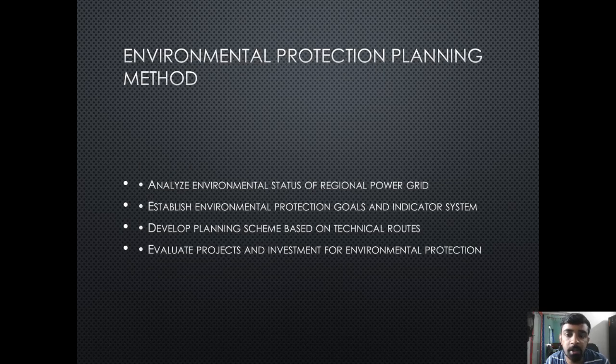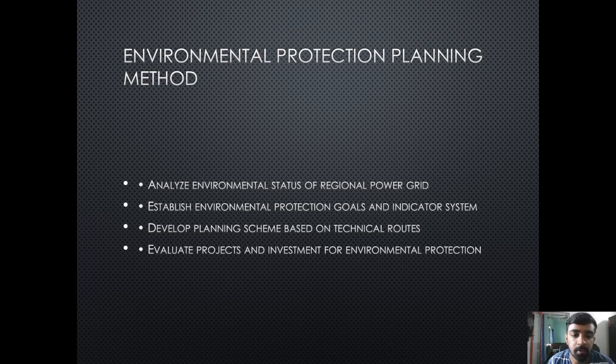The environmental protection planning method. The different methods for environmental protection are to analyze the environmental status of the regional power grid, establish environmental protection goals and indicator system, and develop planning scheme based on the technical routes, evaluate projects and invest for environmental protection.